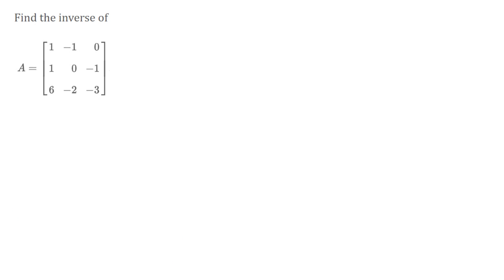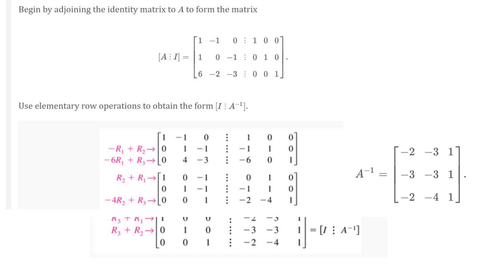Let me see on this, the second method. For the second method, you would attach the identity matrix. So here's all the ones, and then zeros off the diagonal. And then you would use the row operations to get this matrix here to look like I, A inverse.